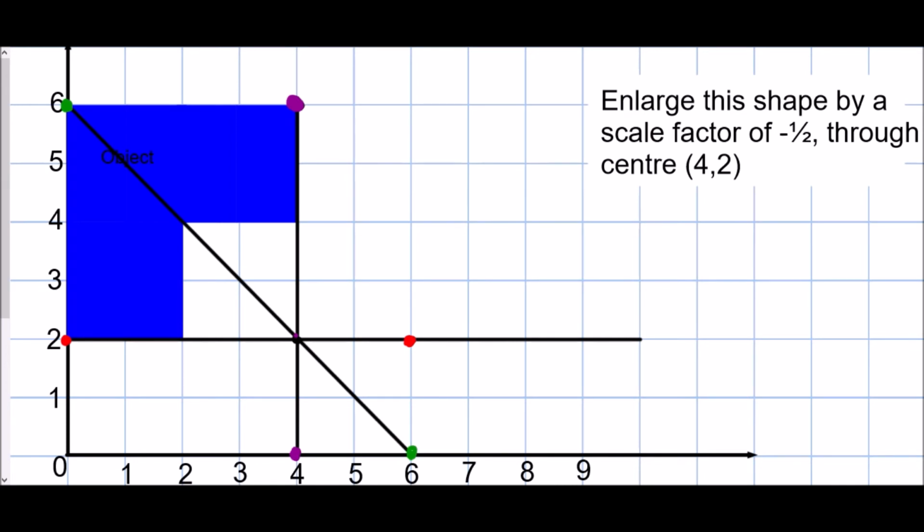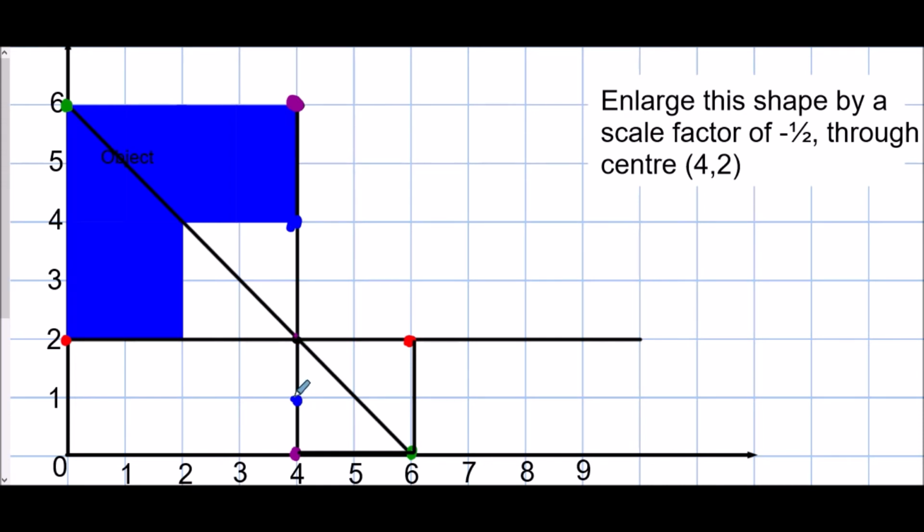Now what that's given me is I know that my shape must have these two sides as part of it. But if we just want to do a few more of these, if I think about this point here, well, that is 2 spaces up. So I need to do the opposite. I need to go down because it's a negative, but I only want to go 1 space.